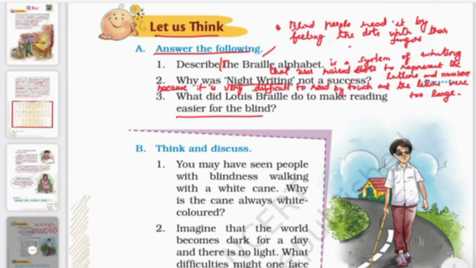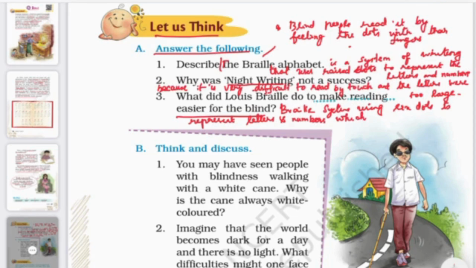He made the Braille system using 6 dots to represent letters and numbers, which made reading and writing easier for blind people.